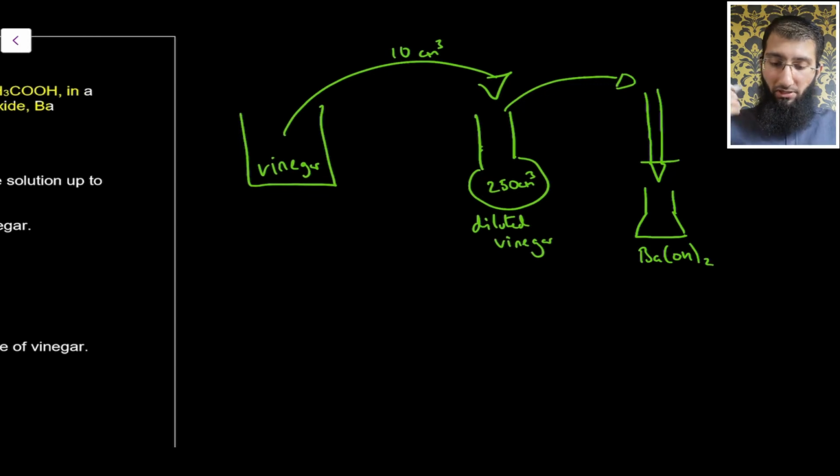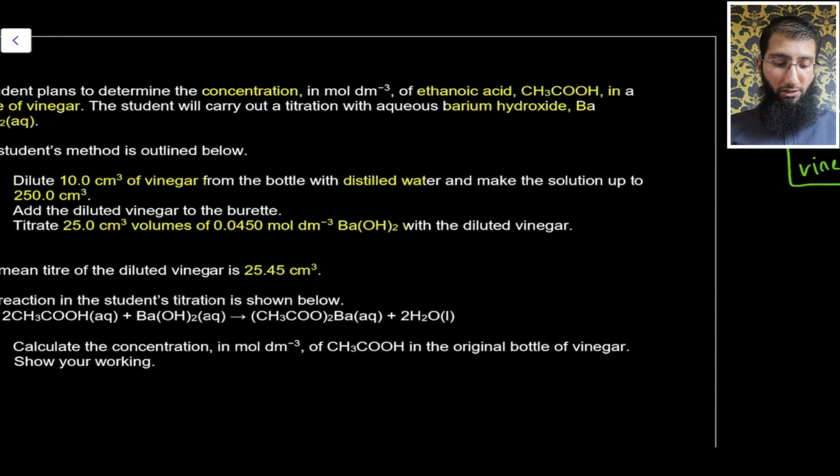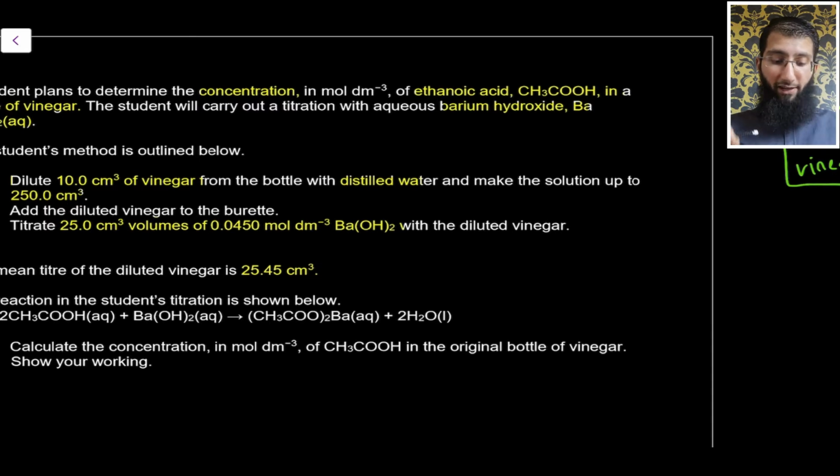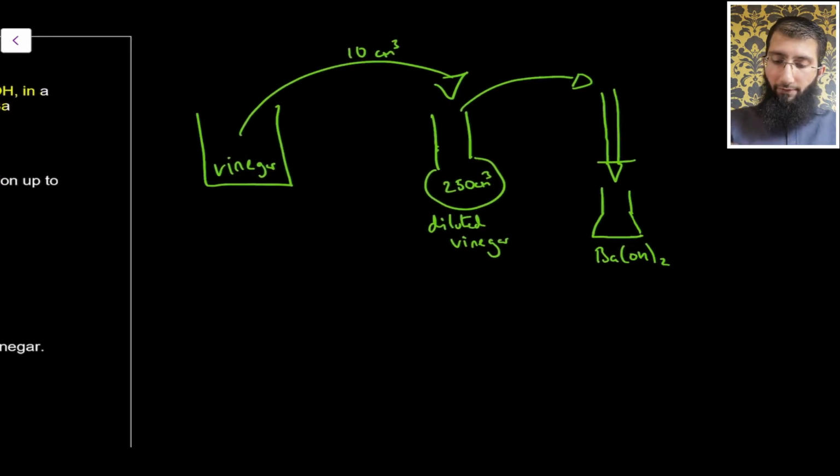We're told that in the burette, we had a mean titre of 25.45 cm³ of diluted vinegar. That's this bit right there.